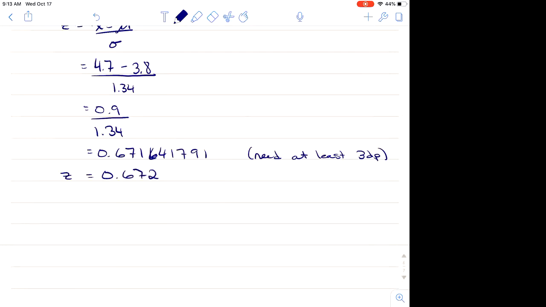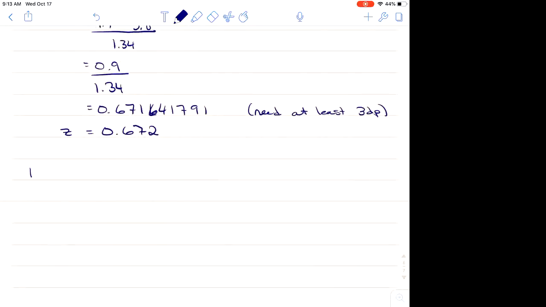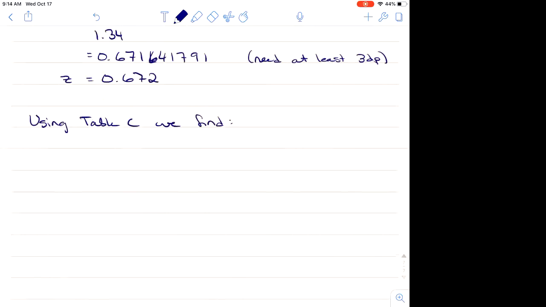So now what? Now we take our calculated value and, using table C, we find the absolute value of Z equal to 0.672. In case there's a negative, we drop it using the absolute value.